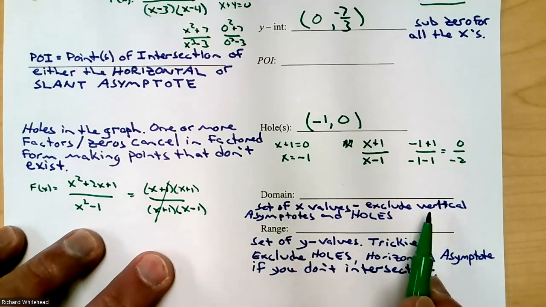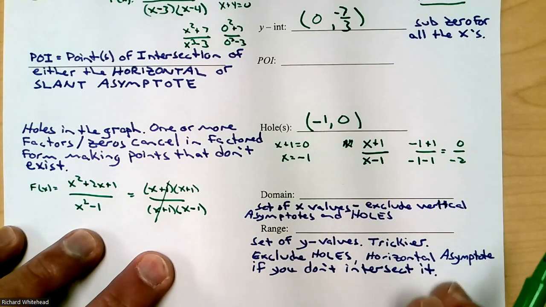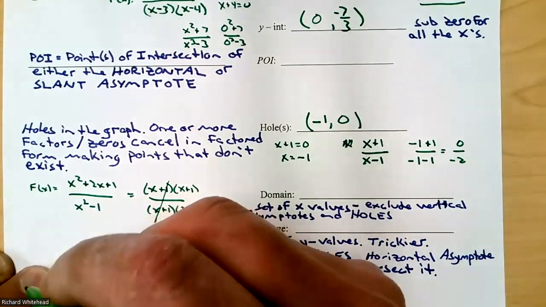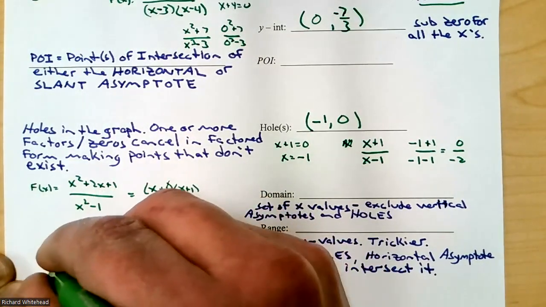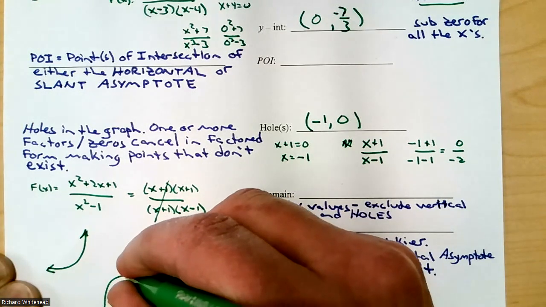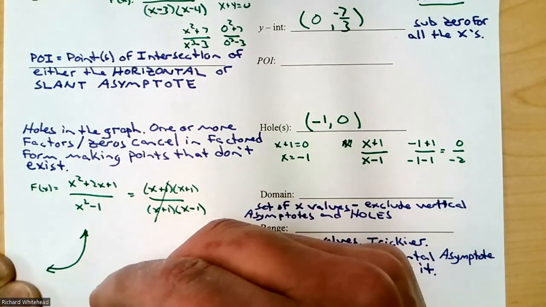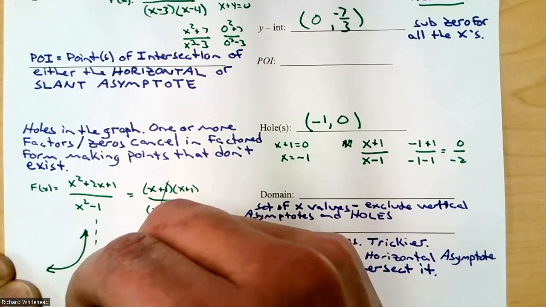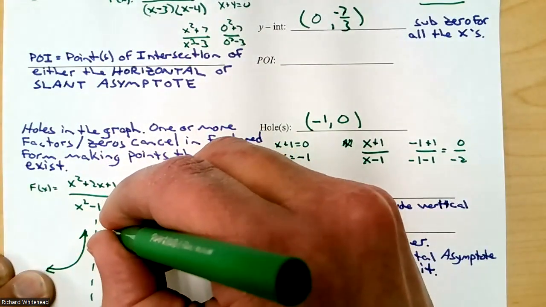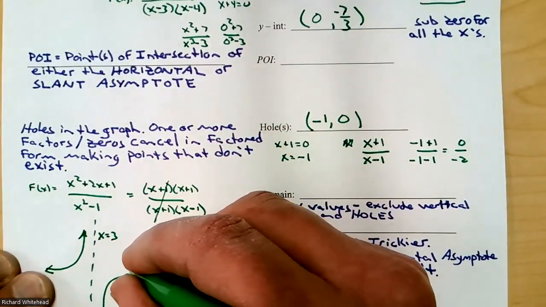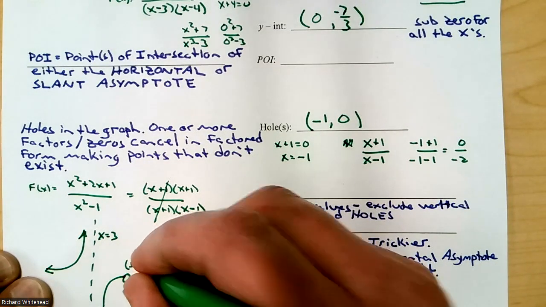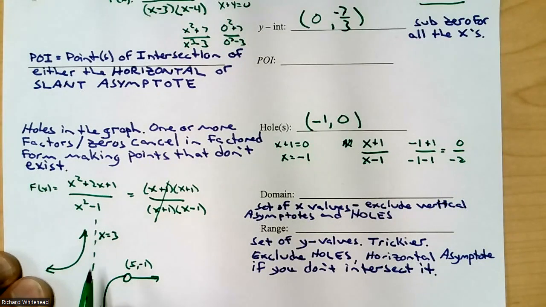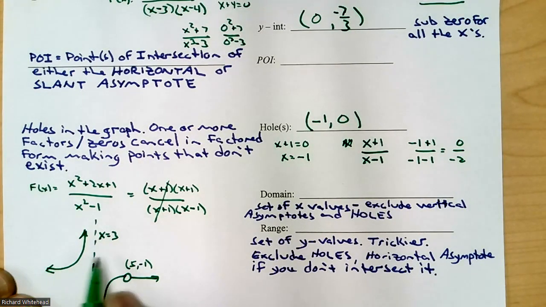All right, the domains, your set of x values. So if we've got a graph that looks like this, and you had a vertical asymptote where x is equal to 3, and then you had a hole in the graph at like 5 comma -1, the domain is our left and right.